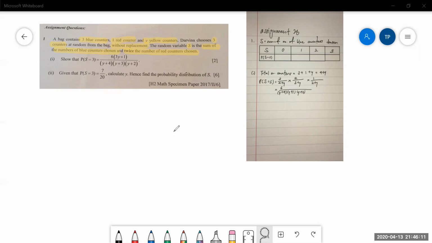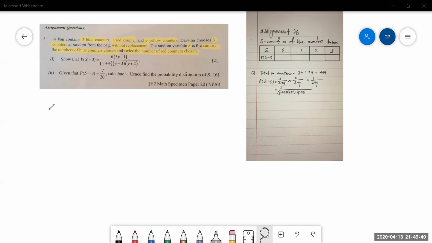Like, if they ask what the random variable of red is, what's the value? It's the number of red. We don't know, because we are going to choose 3.